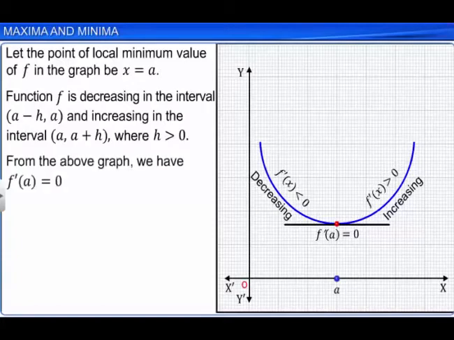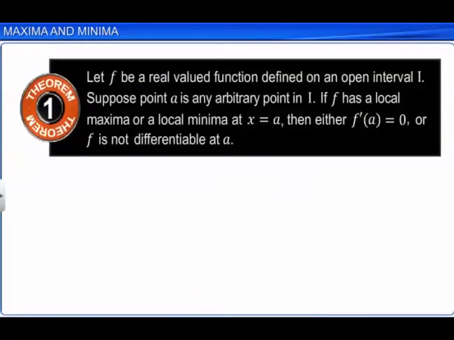In view of the discussion, we can state a theorem. Let f be a real-valued function defined on an open interval I. Suppose point a is any arbitrary point in I. If f has a local maxima or a local minima at the point x is equal to a, then either f dash a is equal to 0 or f is not differentiable at a.